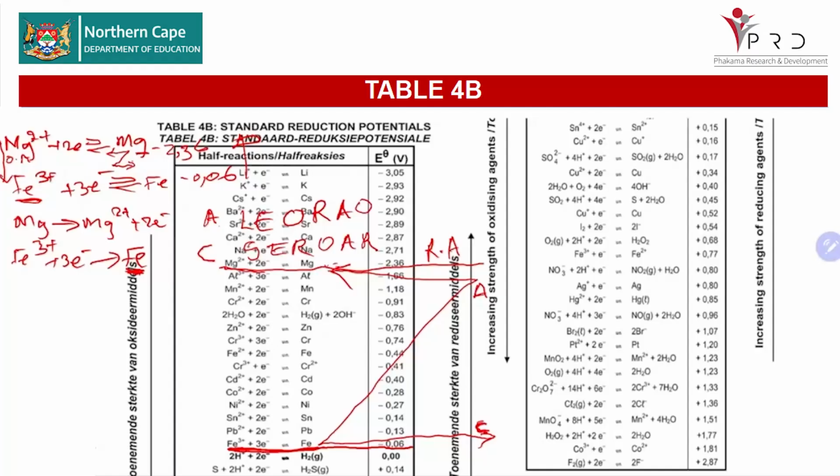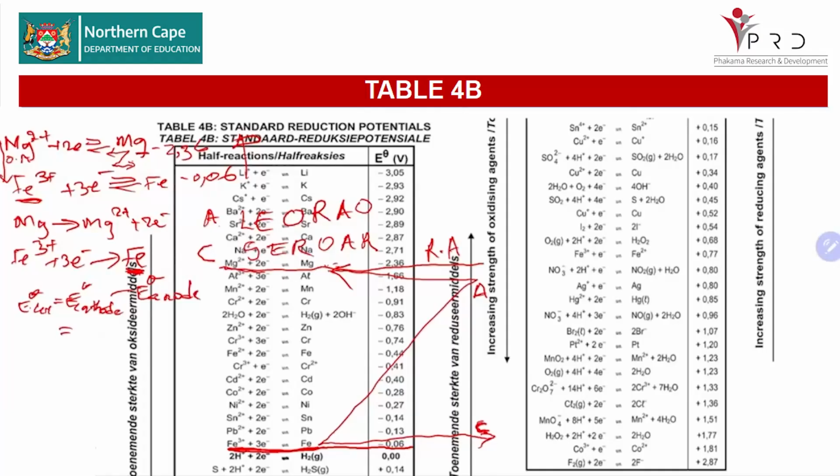And then from there, you can even use this to calculate the EMF of the cell, to say the EMF of a cell is E cathode minus E anode. I'm still emphasizing, you write the formula the way it appears in the data sheet, so that we don't have a problem.